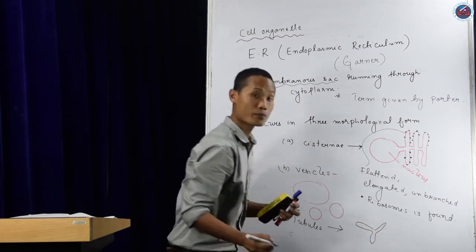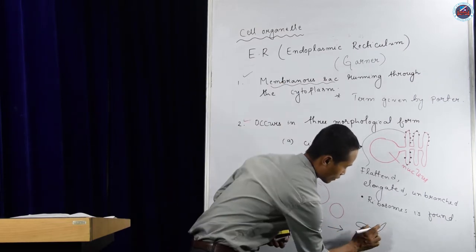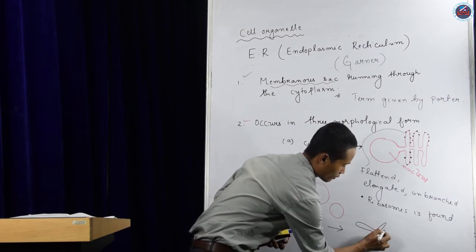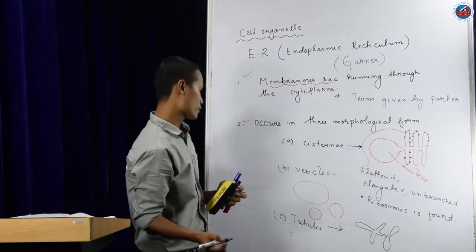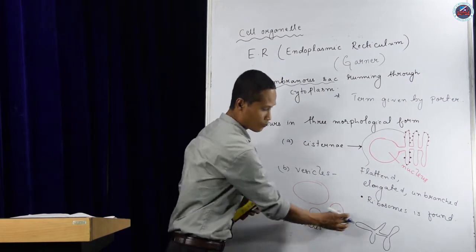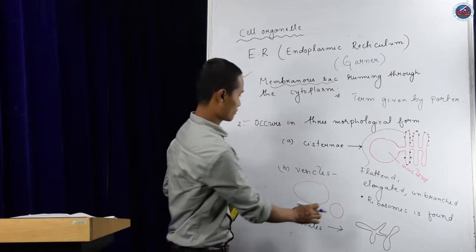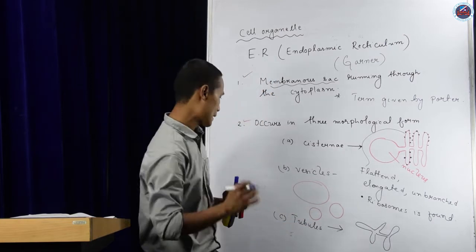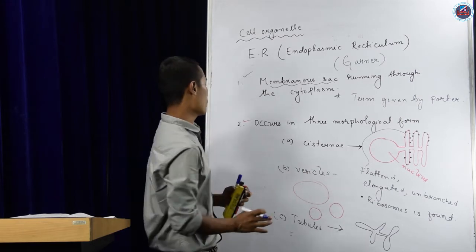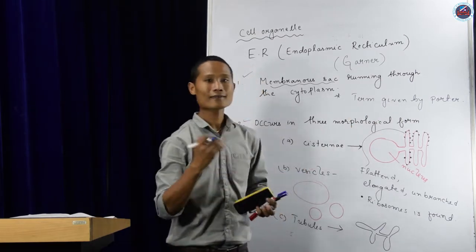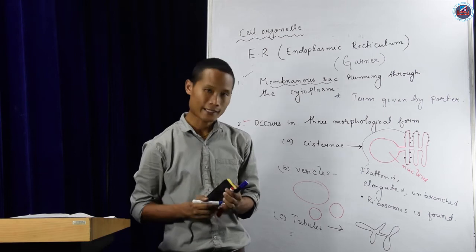Sorry, they are branched, with structures like this. But even in the tubules, you will not find ribosomes. Ribosomes are absent. So these are the three morphological forms in which endoplasmic reticulum exists.